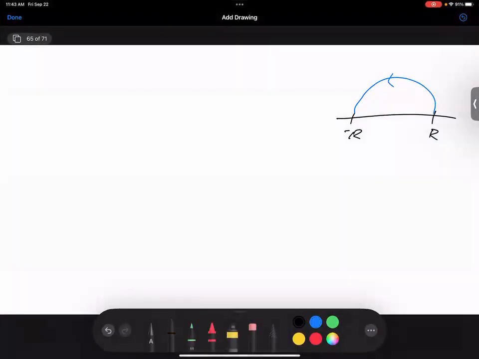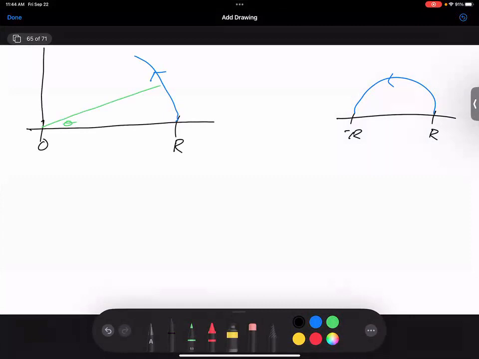is I'm going to just zoom in a little bit. So here's 0, here's r, here's my blue curve, and I'm going to choose some angle or some critical value of y, either way. Okay?